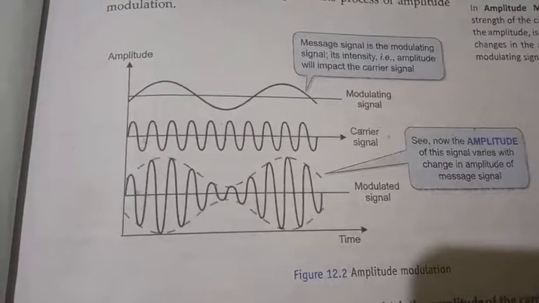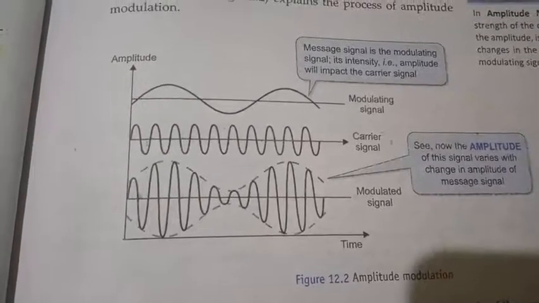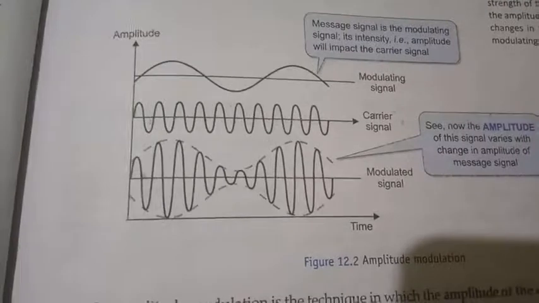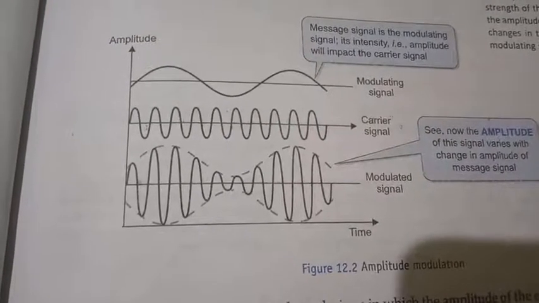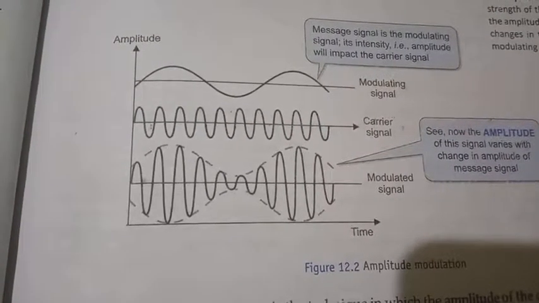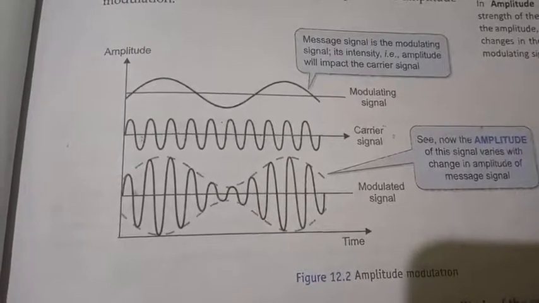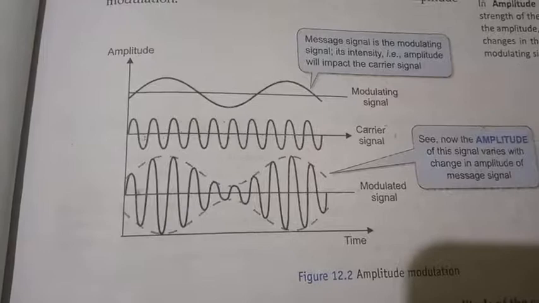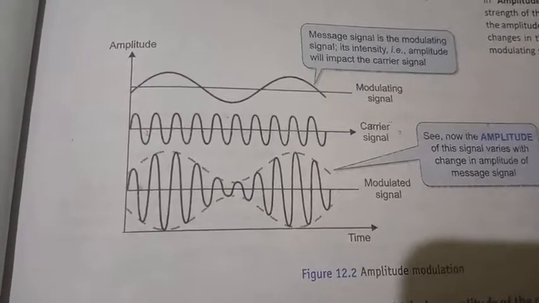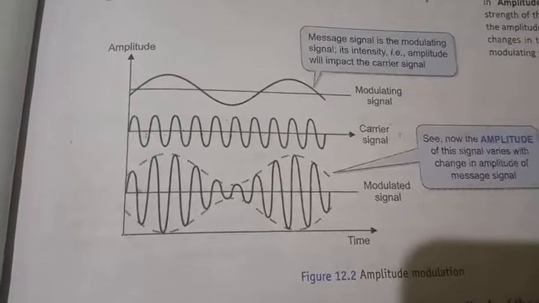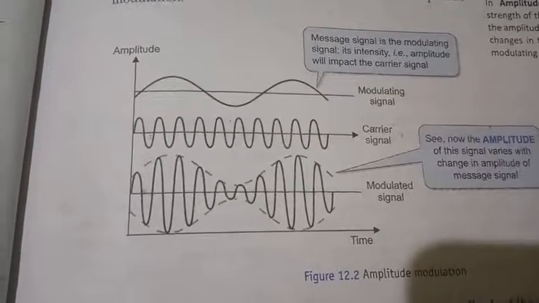The characteristics of the carrier wave are changed according to the modulating signal. How it is changed: look at the first positive peak. In the modulated signal, the carrier wave's peak is also increased. On the negative side, the carrier wave signal is reduced.